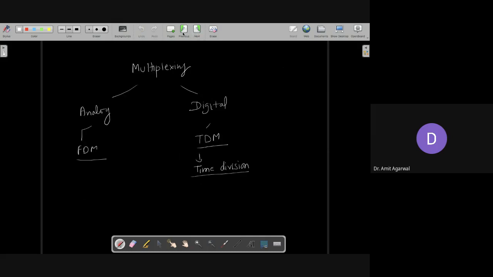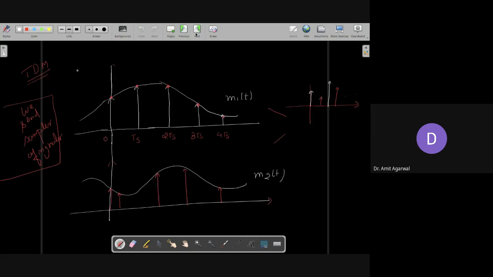Then you can come up with a different idea that we can do something interesting, and we can subdivide the channel.